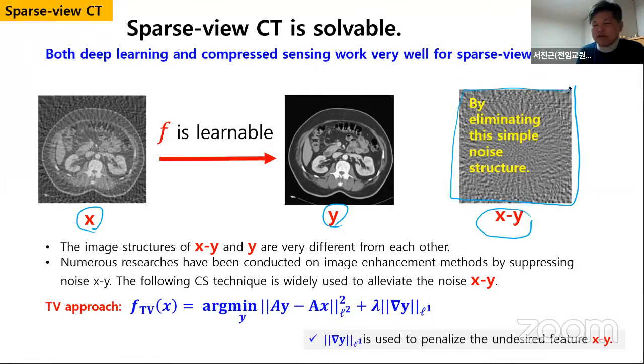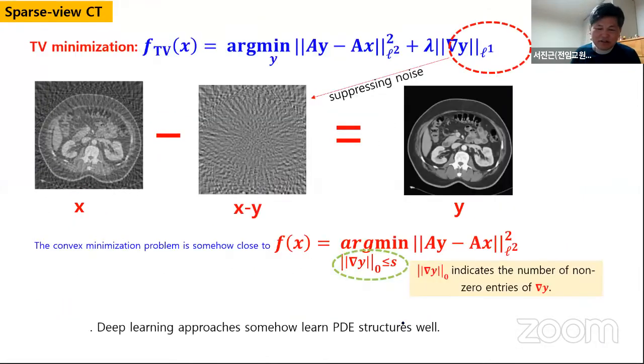You already know total variation works very well to eliminate this type of noise. Total variation penalizes the undesired feature. That's why if we apply total variation, you may get this type of image.